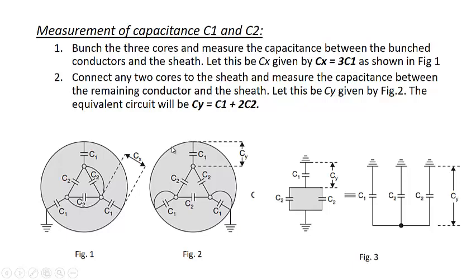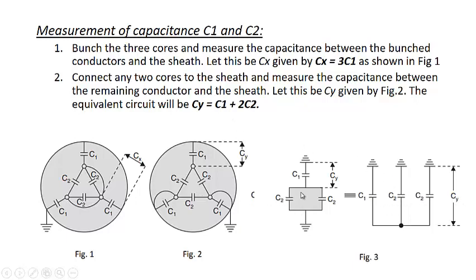Another connection of all the three capacitances is again connected to the same point through this point. You can see here it's one point is connected to this sheath because it is bunched through this. Another point of this connection is connected to sheath again, and the other terminal of C1 is connected to the sheath. That means again these three will be parallel to each other. So they will look like this: C1, C2 and C2. That means Cy will be equal to C1 plus 2 C2.